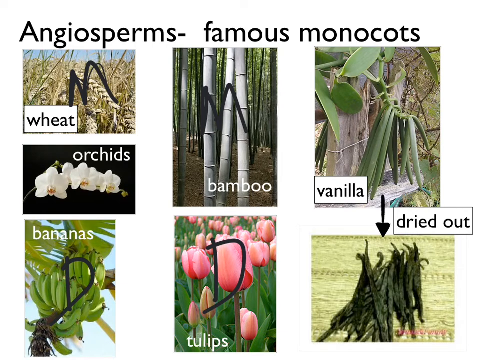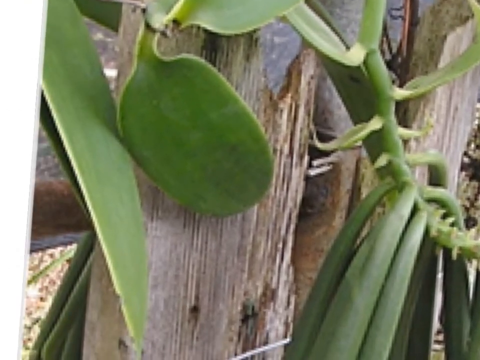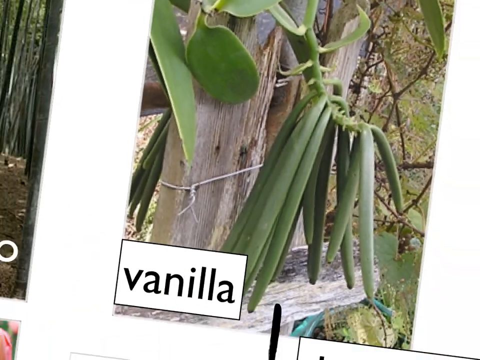These look like, I'm not sure, vanilla. If vanilla is a monocot or a dicot. Let's see here. I think it's a dicot.